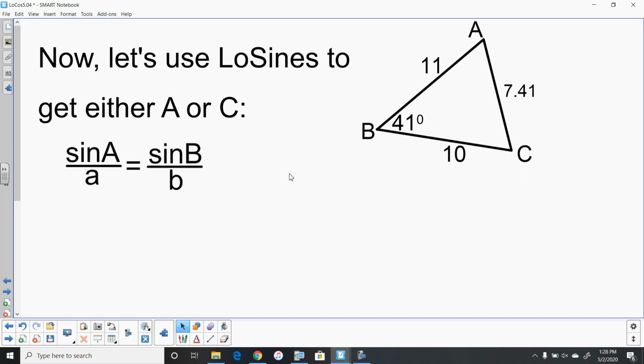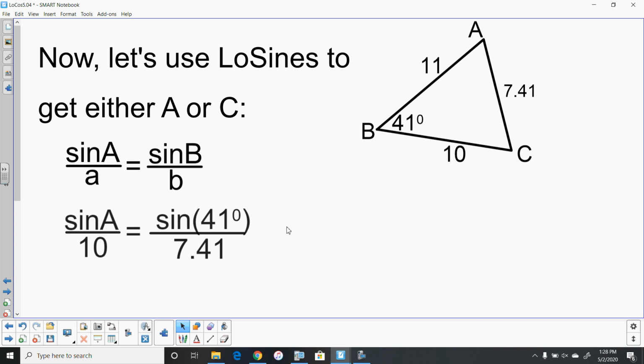All right, so because I'm solving for an angle, this is when I like to put sine on the top and the side lengths on the bottom. So I'm just going to arbitrarily choose to solve for angle A first. So I'm going to say sine of A over the side across from it, 10, equals sine of 41 over the side across from it, 7.41, which we just solved for using the law of cosines.